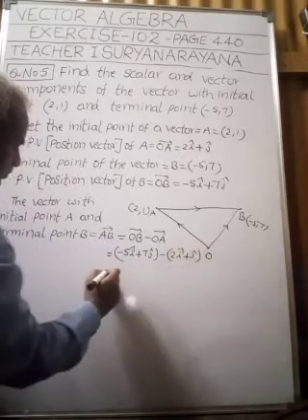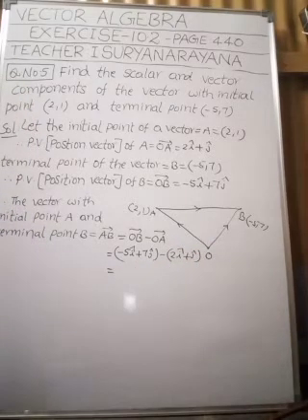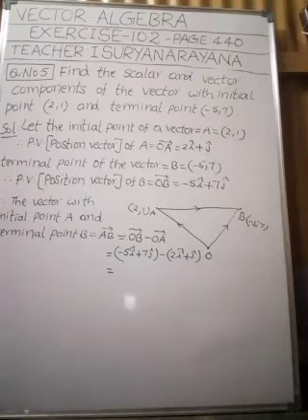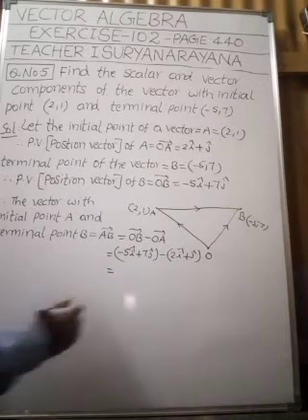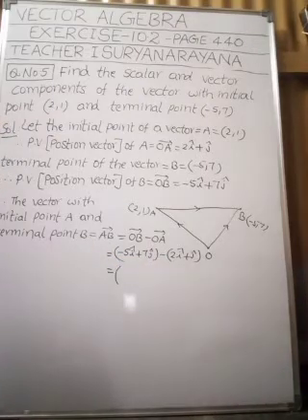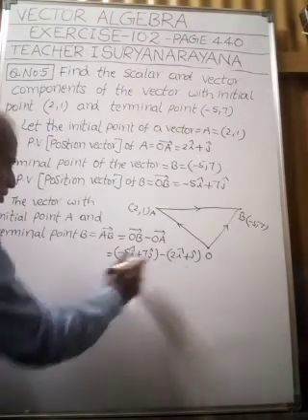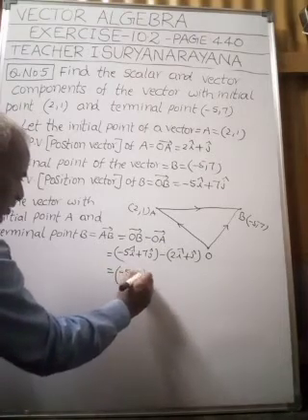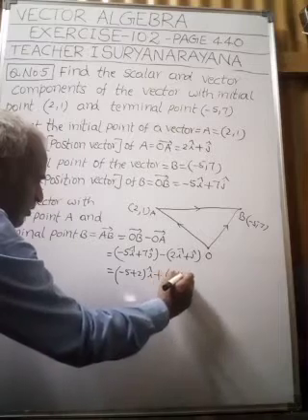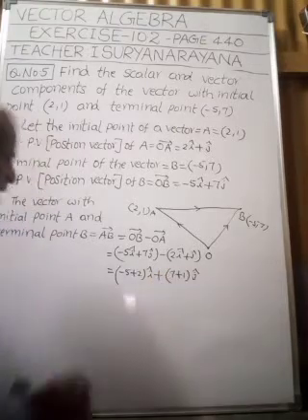Okay, my children. Here we are finding the difference of these two vectors. How do you find the difference of two vectors? We have to take i cap coefficients common. So i cap, so minus 5 minus 2 into i cap plus 7 minus 1 into j cap.